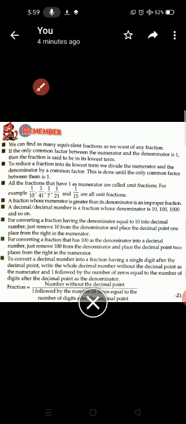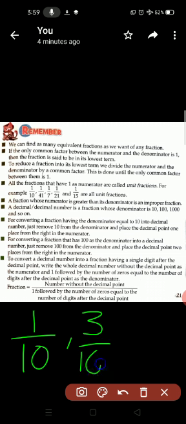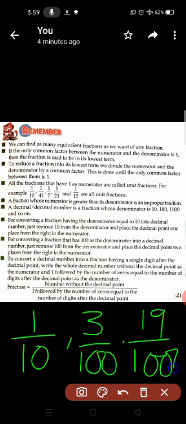Next point, a decimal number is a fraction whose denominator is 10, 100, 1000 and so on. As we discussed in an earlier class, if the denominator of any fraction is 10 or else 100 or 1000, 10,000 like this, then we can say these types of fractions are decimal fractions.